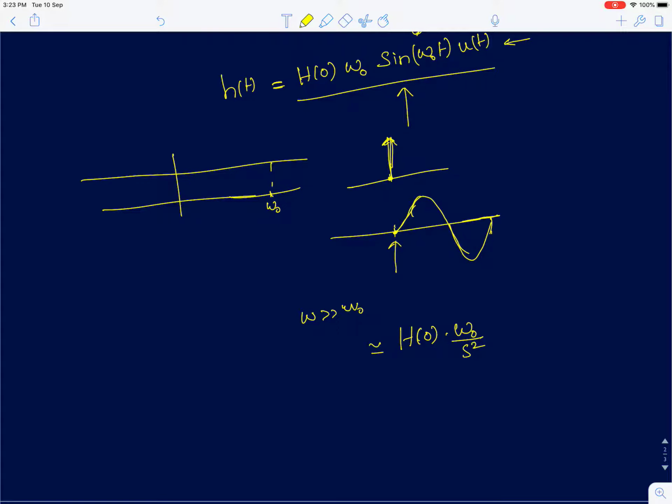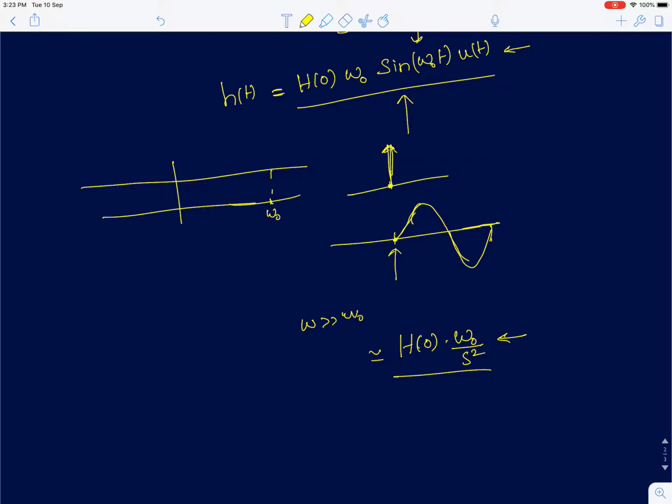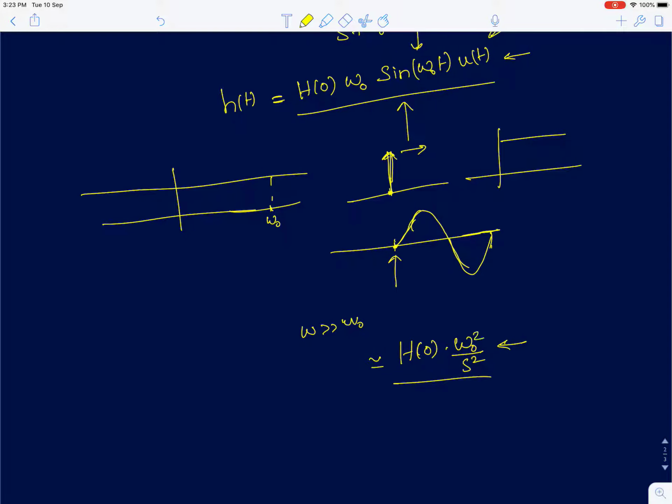This is nothing but a second order integrator. There are two integrations. If I take an impulse function and integrate it once, you will get a step function. If I integrate it twice, you should get a ramp function.